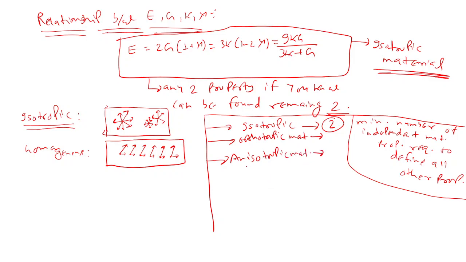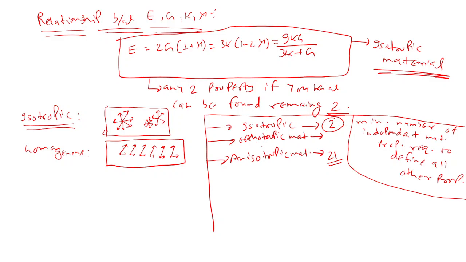In anisotropic, properties would be different in different directions. For anisotropic materials, the number of independent material properties we need is 21, in order to define everything.